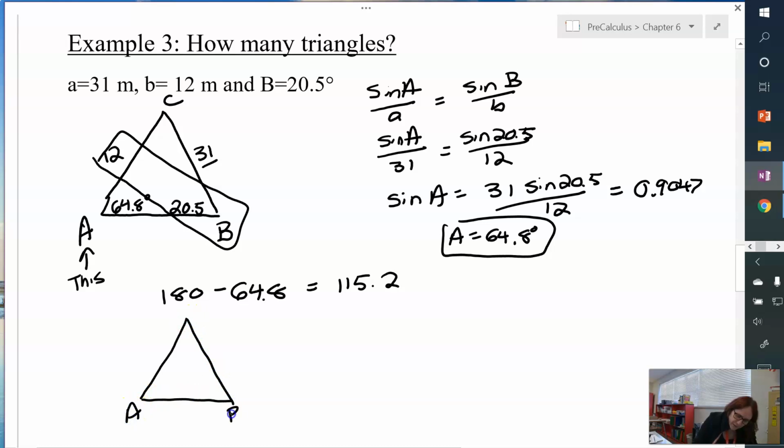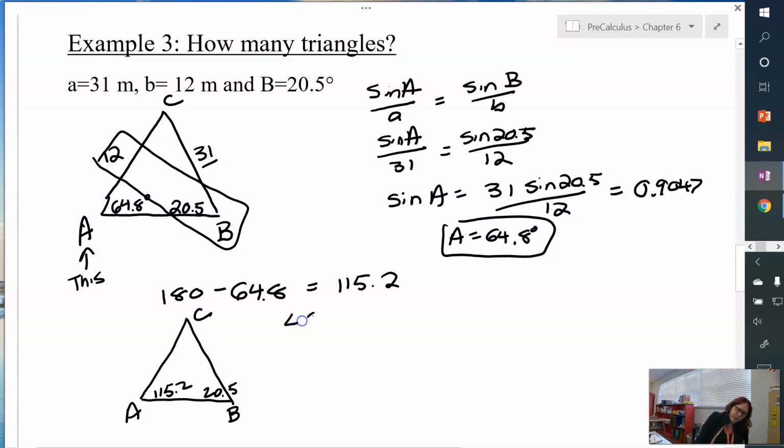Here's A, B, and C: 20.5, 115.2. So if I add the 20.5 to 115.2, I get 135.2.